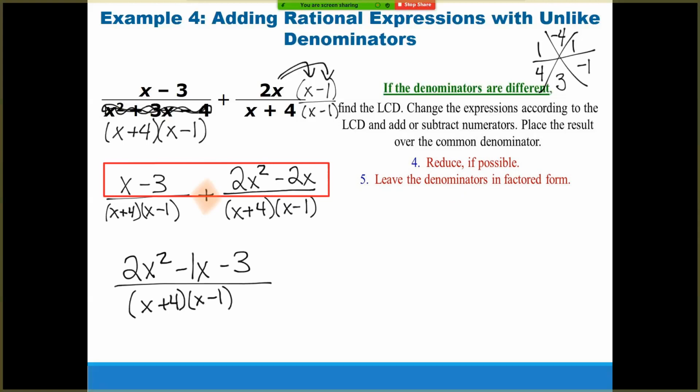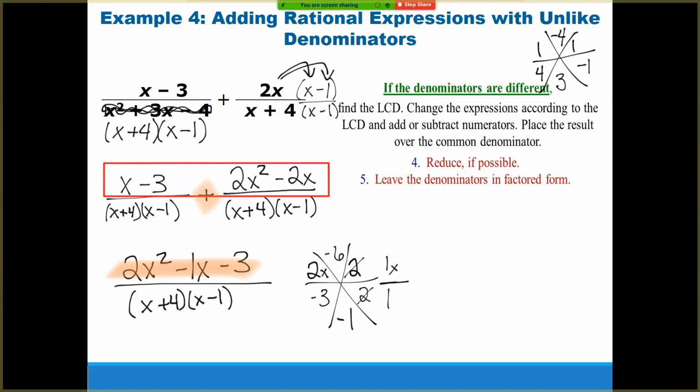When I look at this, I notice the top is now another asterisk problem. So to see if I can reduce, I have to factor the top. So when I factor the top, I have 2, negative 1, and be careful, negative 6. Two numbers that multiply to give me negative 6, but add to give me negative 1: negative 3 and positive 2. So we can reduce the 2 and the 2.